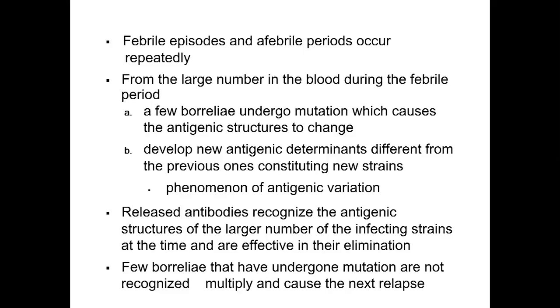So released antibodies recognize the antigenic structures of the larger number of the infecting strains at the time, and are effective in their elimination, but the few Borrelia that have undergone mutation are not recognized. So they are the ones that remain. Initially few, they multiply and cause relapse. So that would be the explanation for the fever that comes and goes with regard to Borrelia.